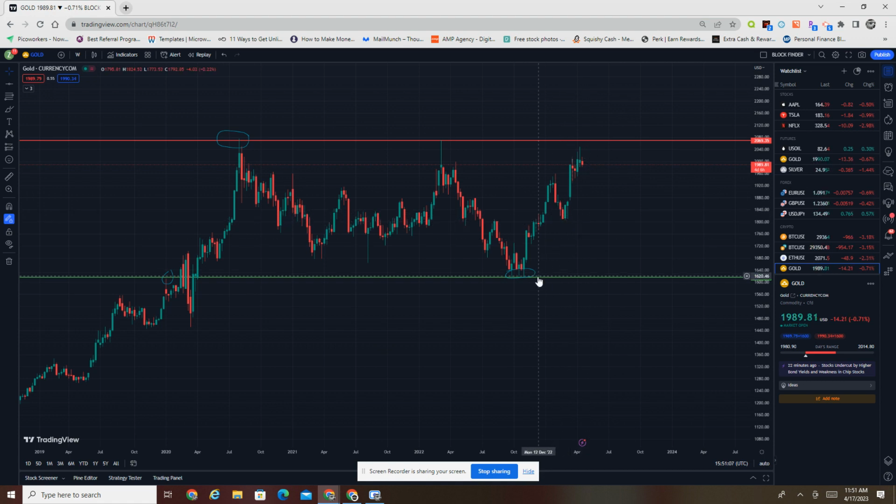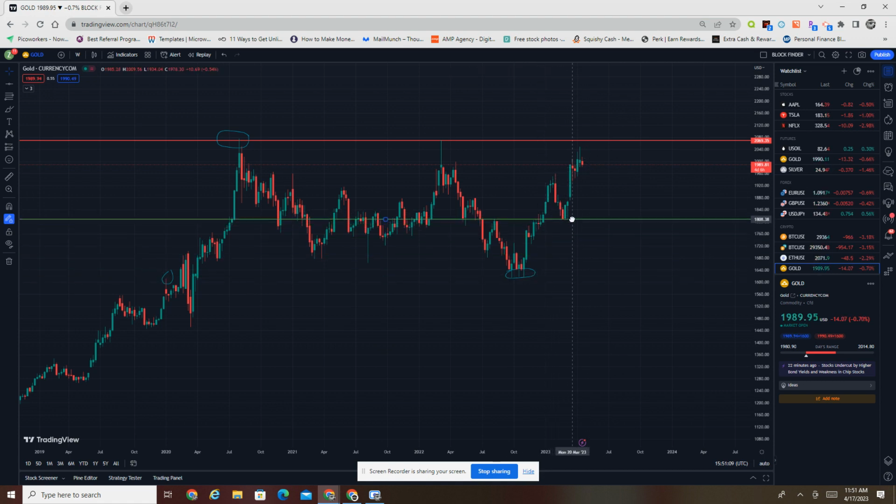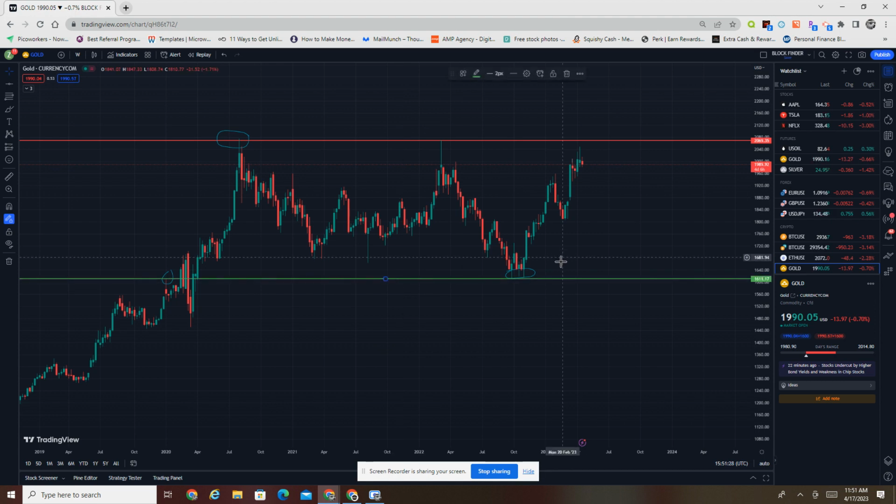So if we line this up here, you only have one touch. You have no real accurate touches where price said, look, I'm going to respect that zone, I'm not breaking that price, I'm not going higher or lower. So that's why we came here, because we saw that it did this not just once, not just twice, but three times. It popped up and then it came back to an area which we're familiar with.